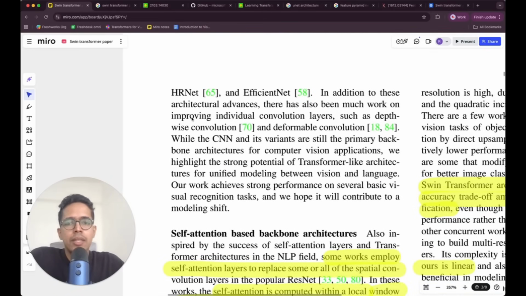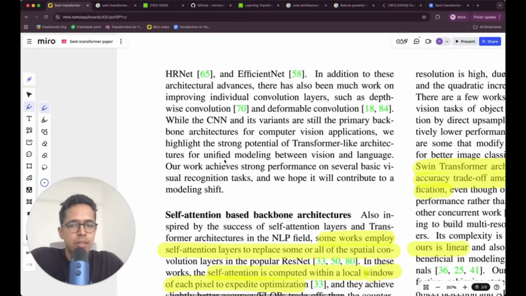"In addition to these architectural advances, there has also been much work on improving individual convolution layers such as depth-wise convolution and deformable convolution. While the CNN and its variants are still the primary backbone architectures for computer vision applications, we highlight the strong potential of transformer-like architectures for unified modeling between vision and language.